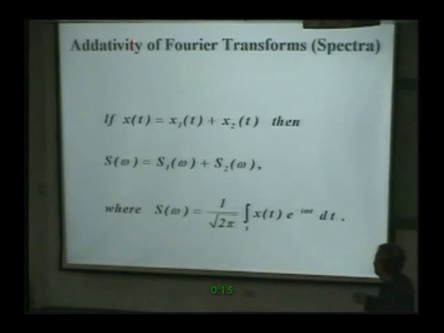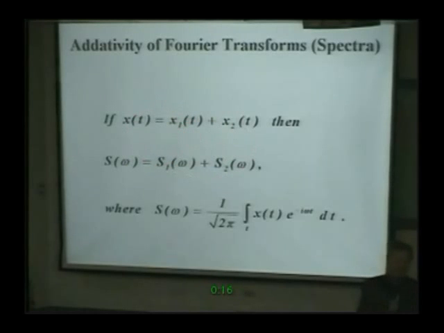But there's another interesting property pointed out by Leon Cohen to justify, in a way, the Wigner-Ville distribution. He says that if I have x, and x consists of two signals, then if I do a Fourier transformation, S(omega) equals S1(omega) plus S2(omega), so this is additive. In other words, the Fourier transformation is linear.